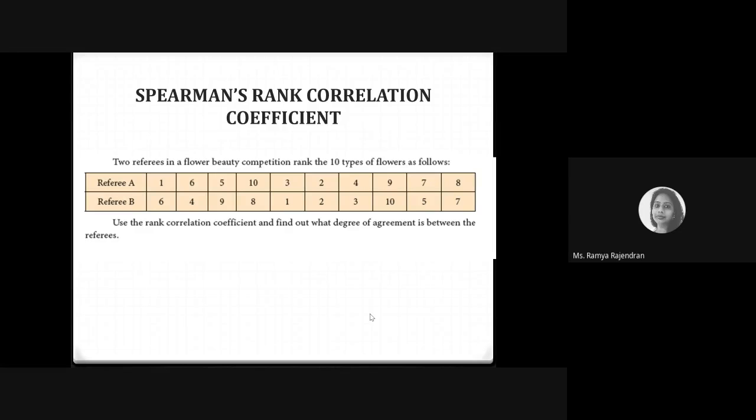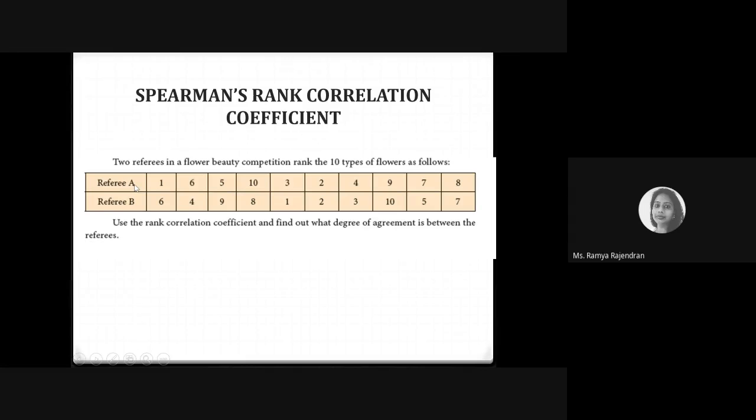We just want to know whether both referees or judges are assessing the competition in a similar manner. Here a beauty competition happened, and a rank was given to each of the contestants.